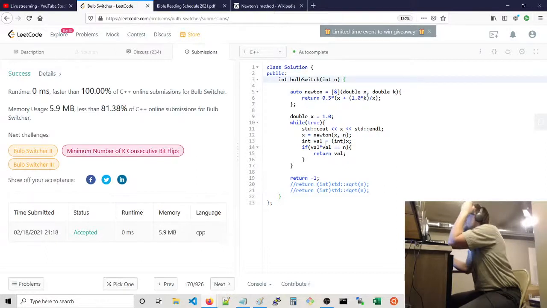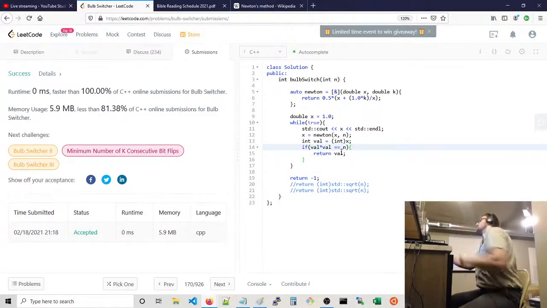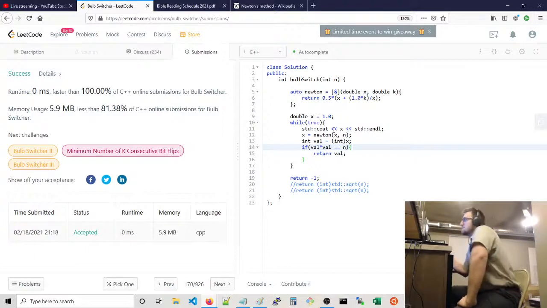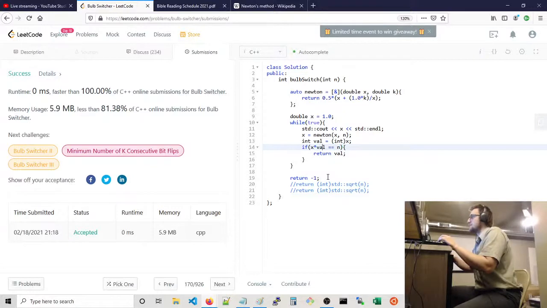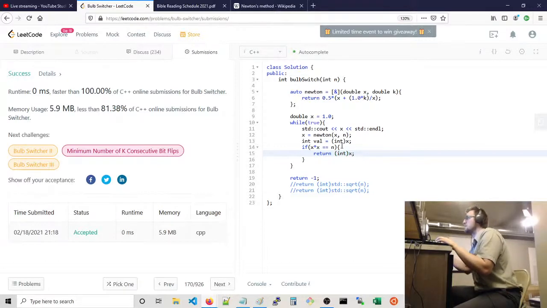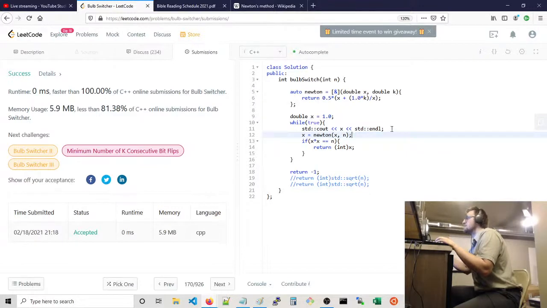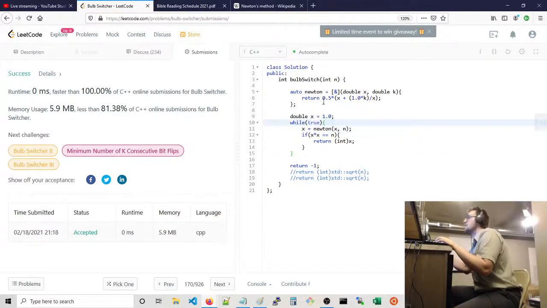Oh, I see. Right, so the square root of n actually does need to be a double, so it needs to be something like this. So what does this look like?